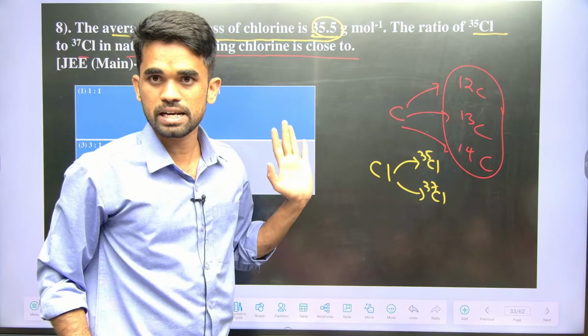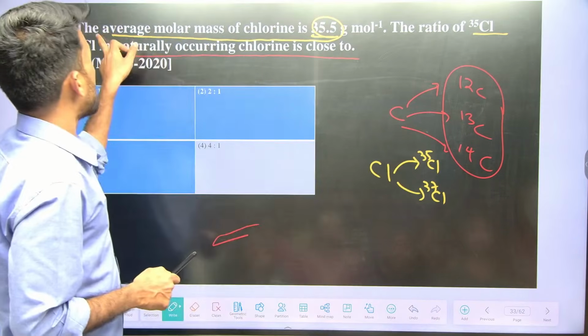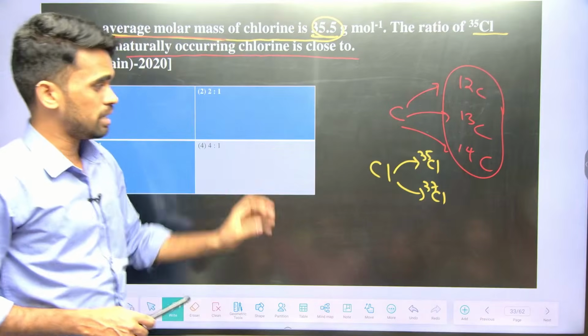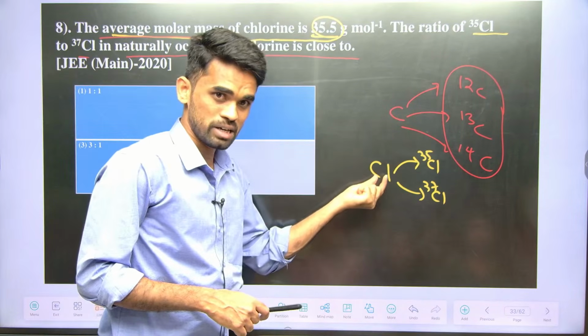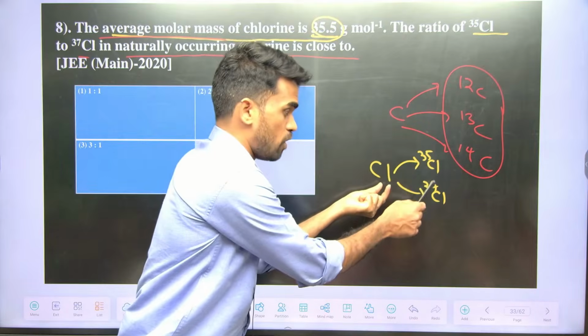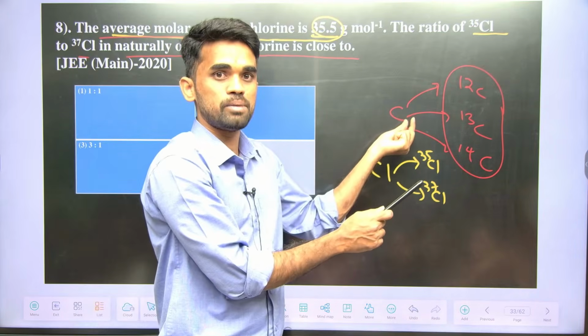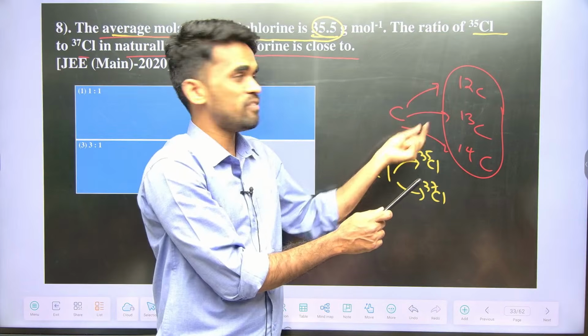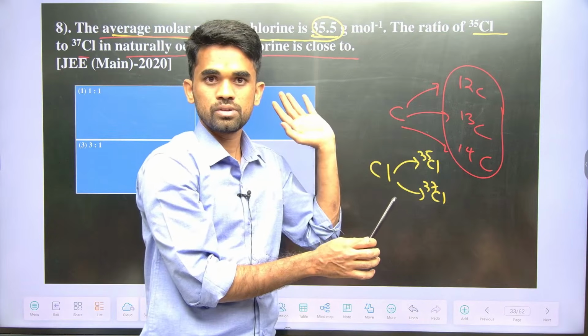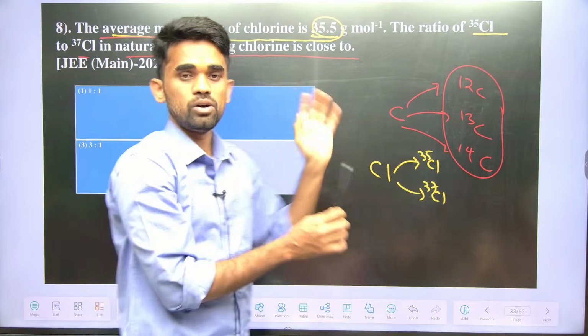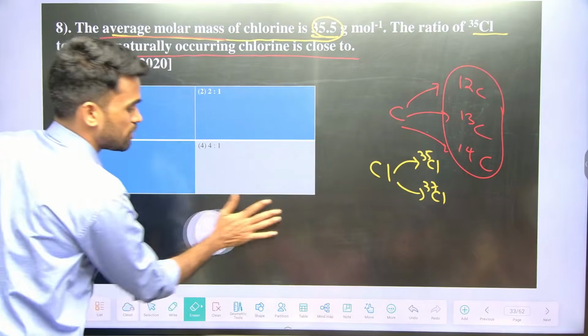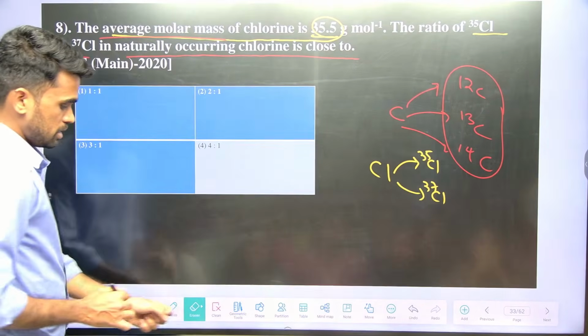Okay, up to here it is clear. Now they are saying average molar mass. It means whenever we express the molar mass of chlorine, it is the average of all the isotopes it has. Similarly, average molar mass of carbon is the average of all its isotopes. Is this clear up to here? Okay, so now I will generalize a formula to calculate this.